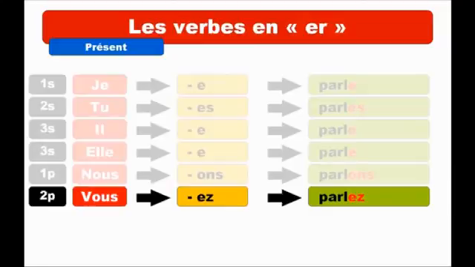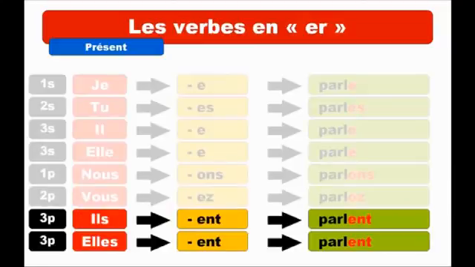Repeat. Vous parlez. Okay? And finally, for ils, elles, third person of the plural, the ending is ent. But then you will see that it's actually quite easy because you pronounce them il parle, elle parle. You don't pronounce this nt, so phonetically you get the same form as for je, tu and il, elle of the singular.